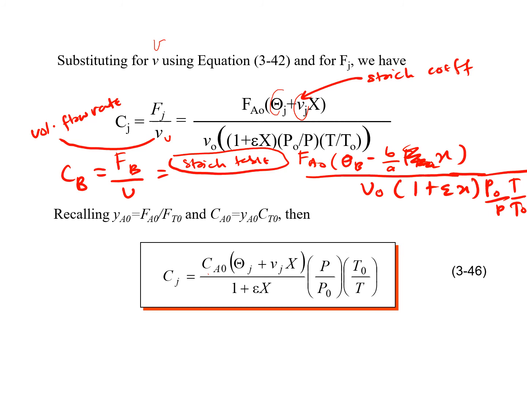For example, let's say we choose B for CB.